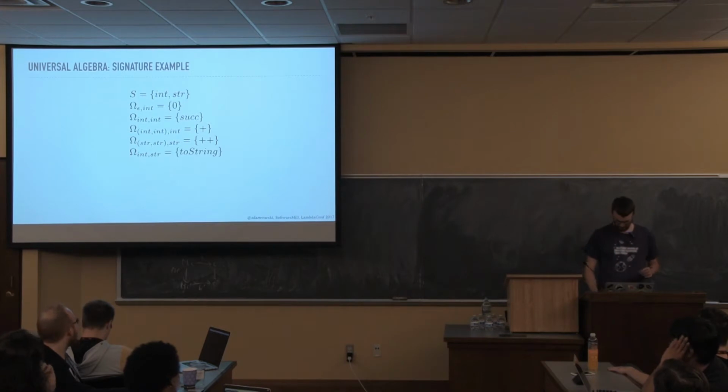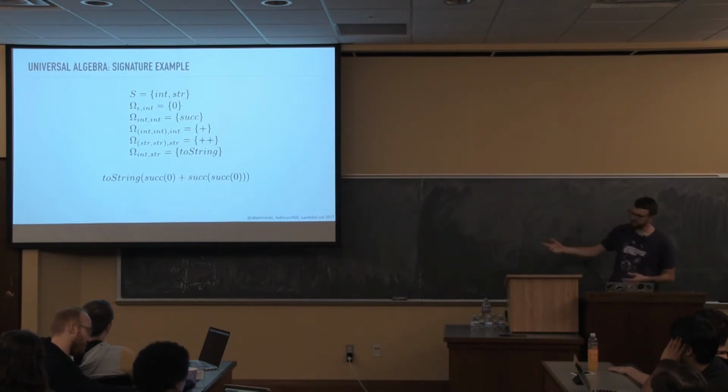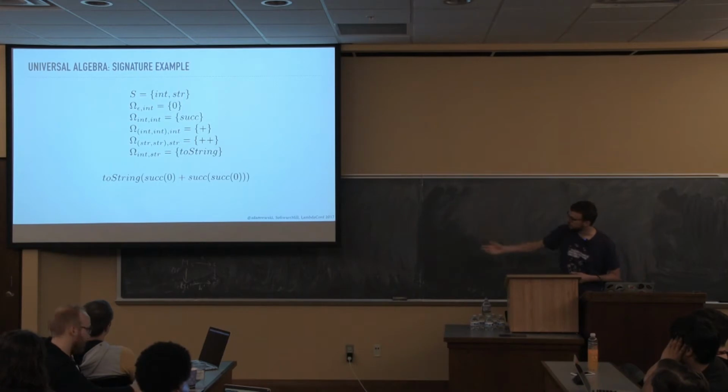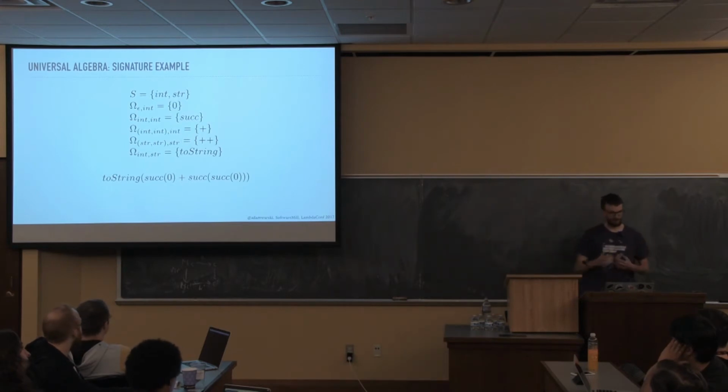Only syntax. And using this syntax, we can now produce expressions, programs, however you want to call it, right? So for example, here we convert the successor of 0 added to the successor of 0 to a string. So that's a well-typed expression using this syntax. Okay, I guess it's quite familiar if you've been doing programming.